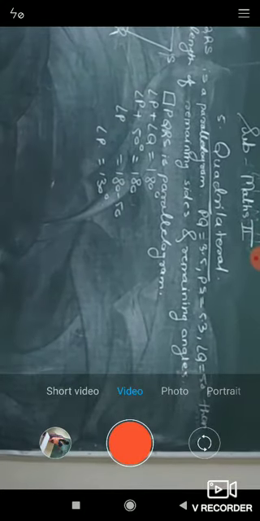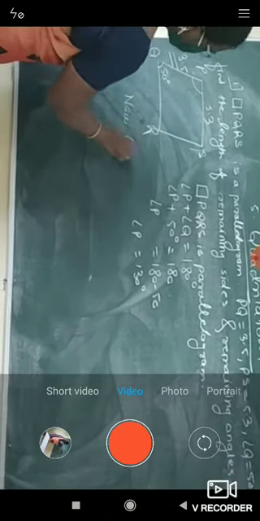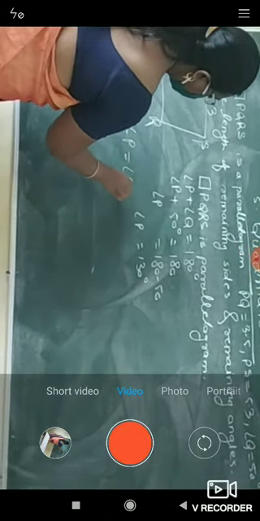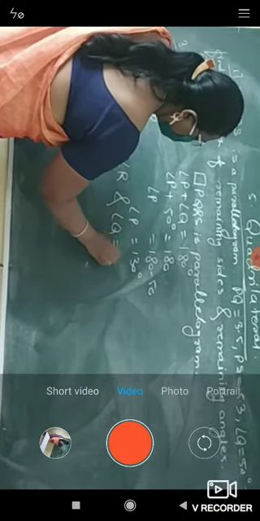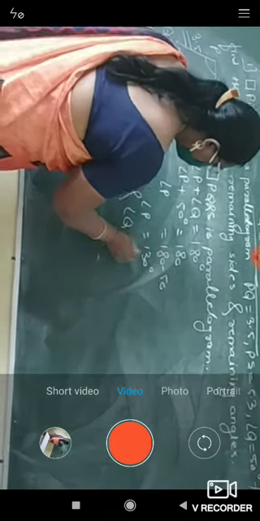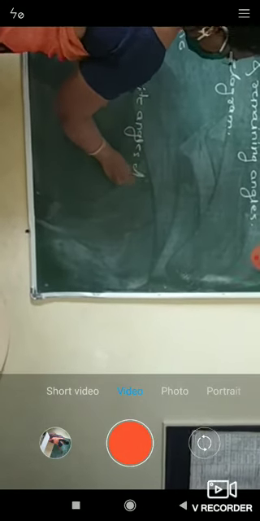Next here now, angle P is congruent to angle R, and angle Q is equal to angle S, because they are opposite angles of a parallelogram. Opposite angles of a parallelogram.